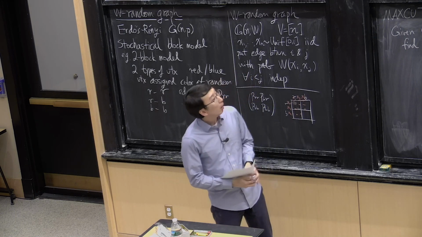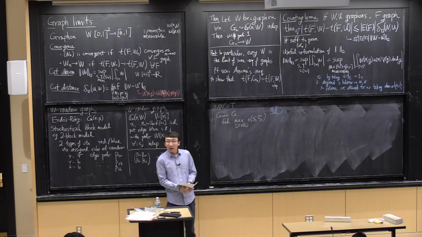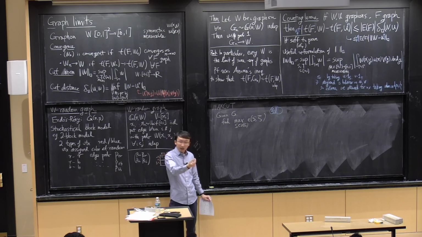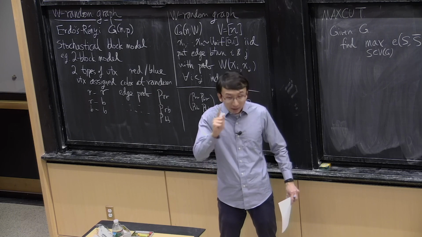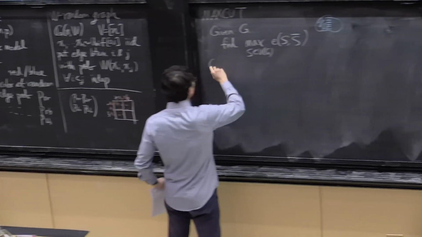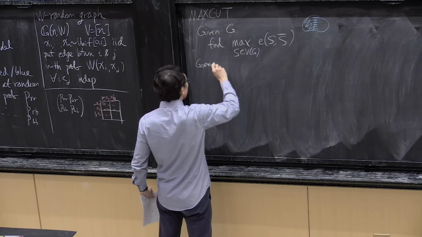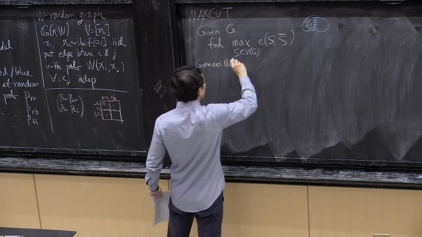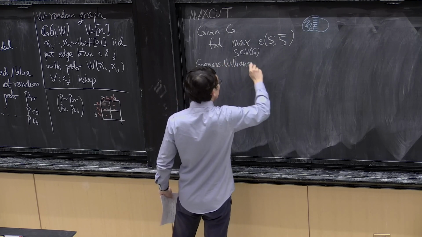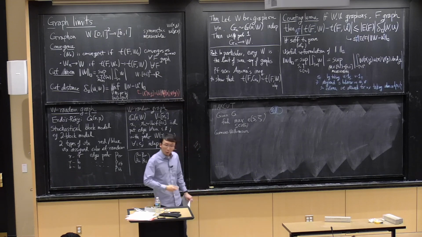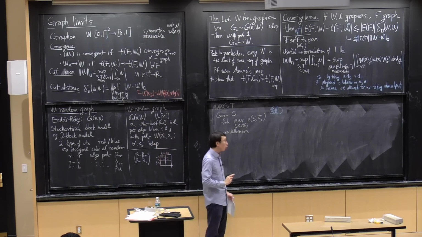And the status of this problem is that it is known to be difficult to get even within 1%. The best algorithm is due to Goemans and Williamson, an important algorithm that was one of the foundational algorithms in semidefinite programming. The word semidefinite programming came up earlier in this course when we discussed Grothendieck's inequality.